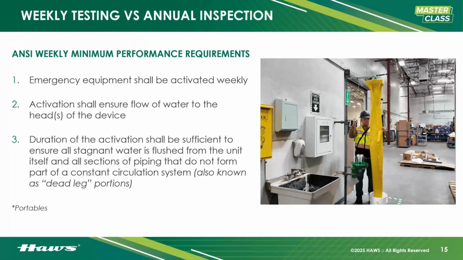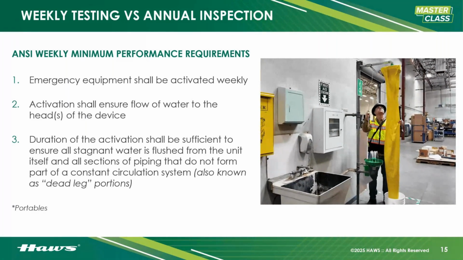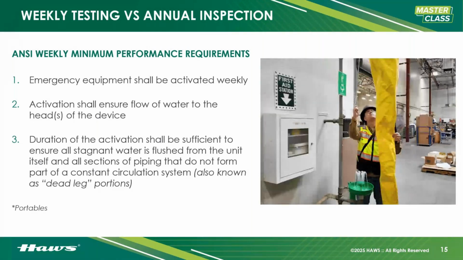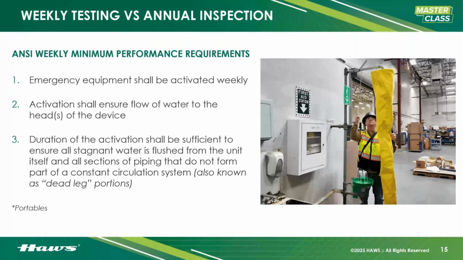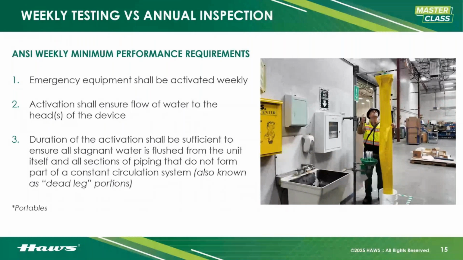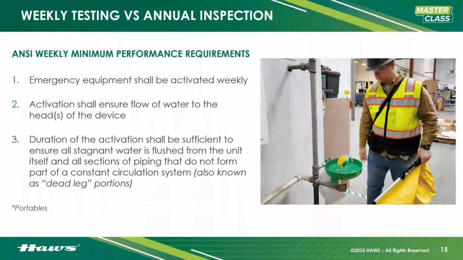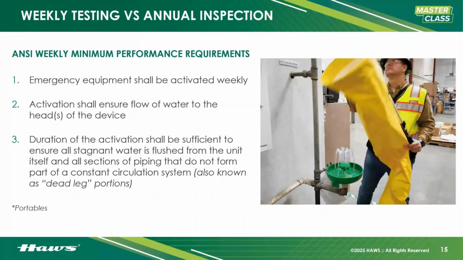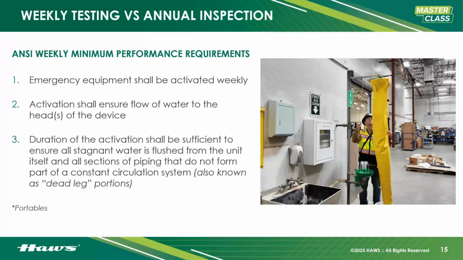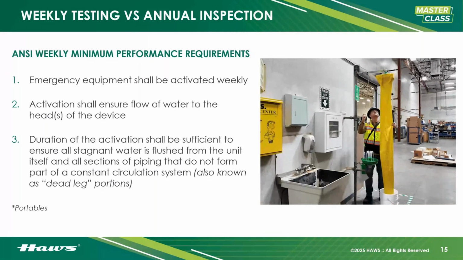Now, whatever heads of the device exist on the unit, whether there's an eye wash or an eye face wash or a shower, all points have to be activated to clear out that dead leg. Otherwise, there can be water that just gets stuck in a very short dead leg, even though you're clearing out the shower. You need to activate the eye wash or the eye face wash quickly and clear that out as well. The duration only needs to be long enough to clear out that dead leg.